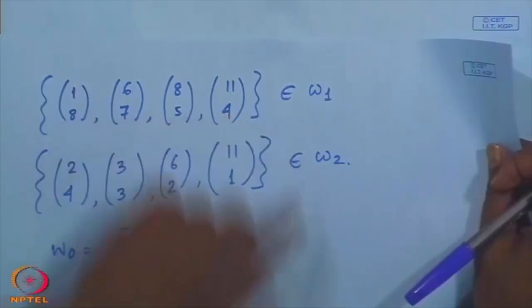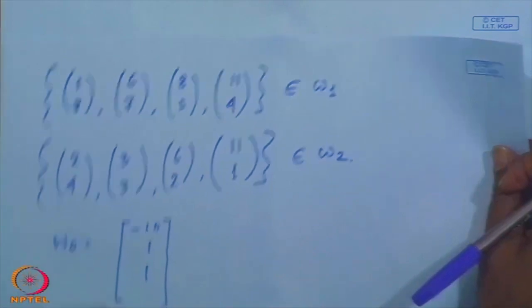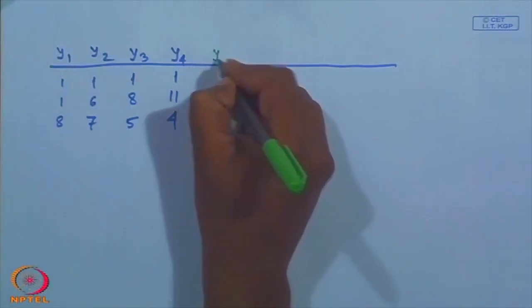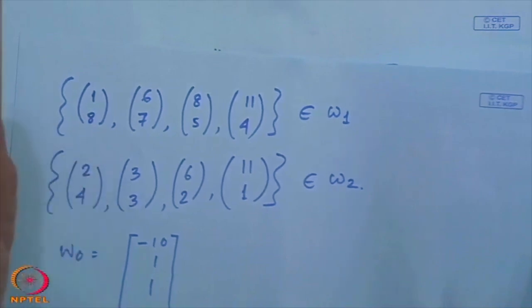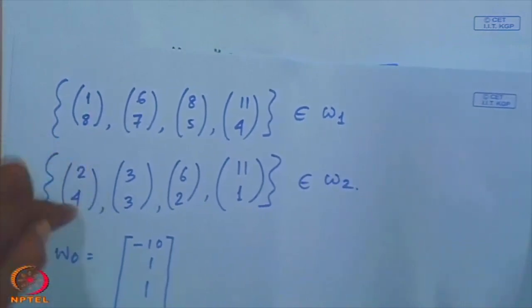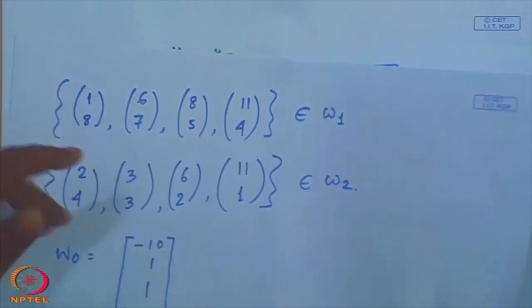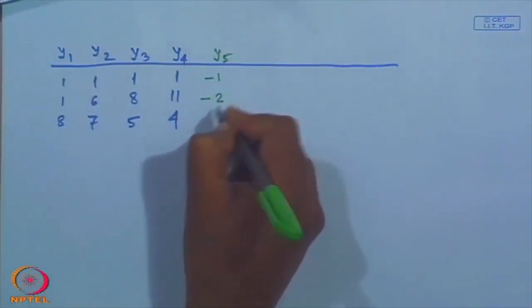In the same manner, I have to get the appended samples or modified samples from class omega 2. So, I will take these samples from class omega 2, and as I have said that after appending 1, these vectors are to be negated. So, my y5 will be, this is 2 3. So, I will have 1 2 3 and this is 2 4. So, I will have 1 2 4 and then I have to negate it. So, it will be minus 1 minus 2 minus 4. So, y5 will be minus 1 minus 2 minus 4.